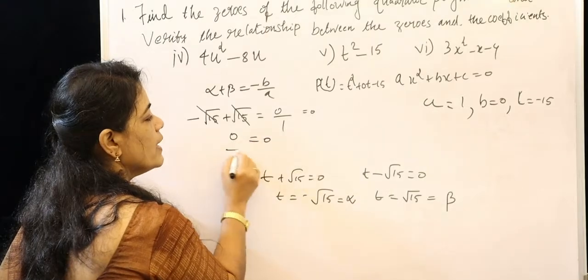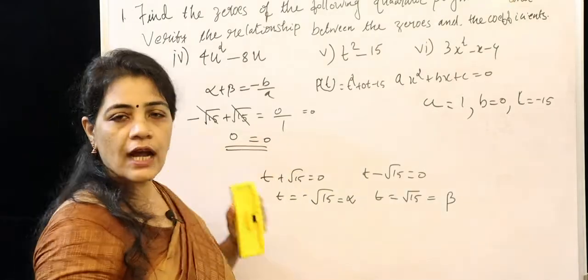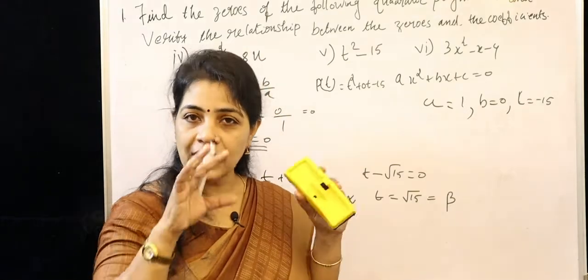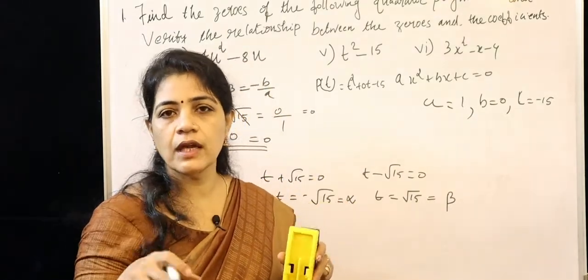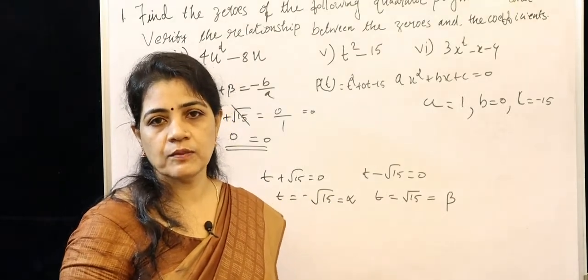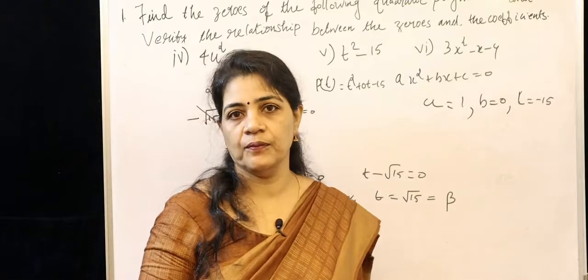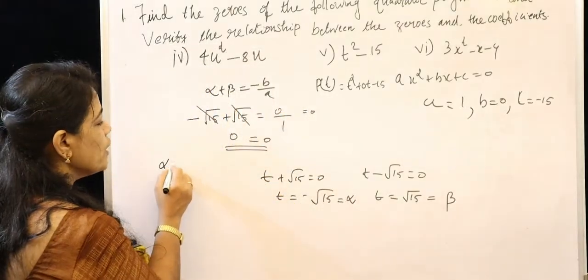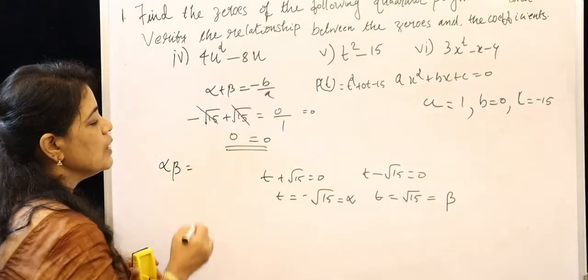So both sides are balanced, 0 equal to 0. So alpha plus beta is equal to minus b by a. When you take the ratio minus b by a, we got 0, and when we add the two zeros, alpha plus beta, in that case also we got 0. So hence verified.